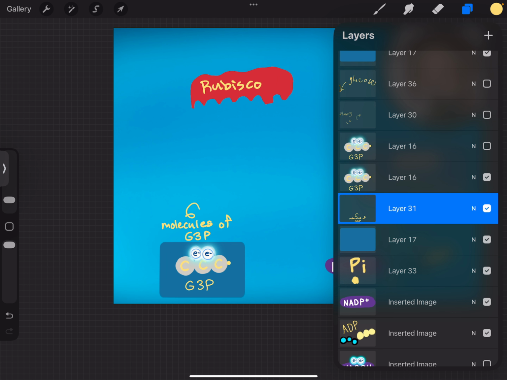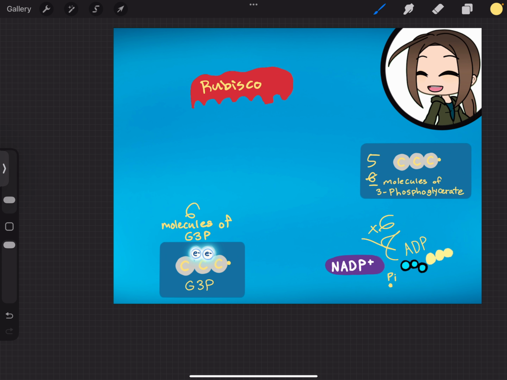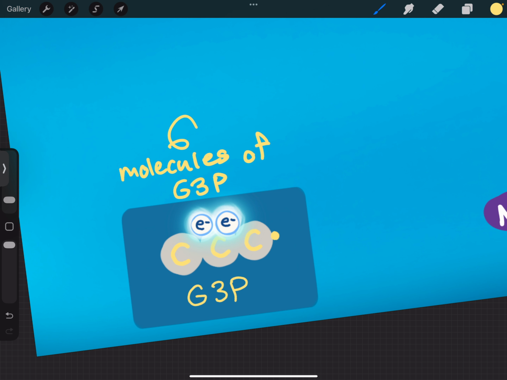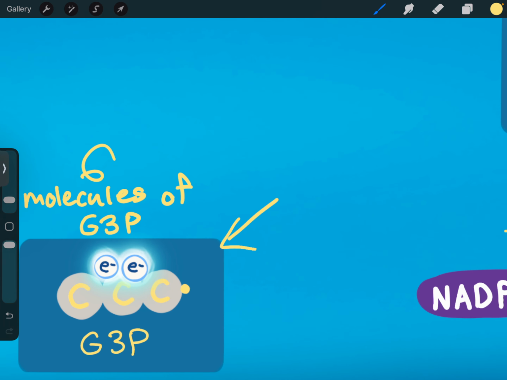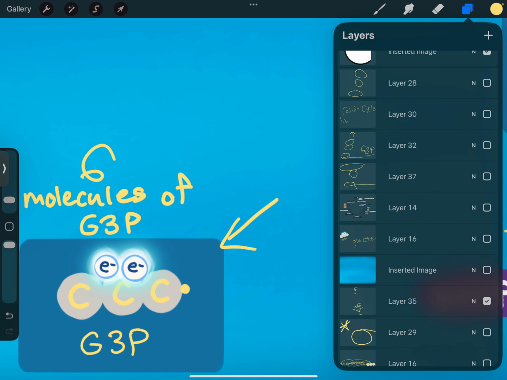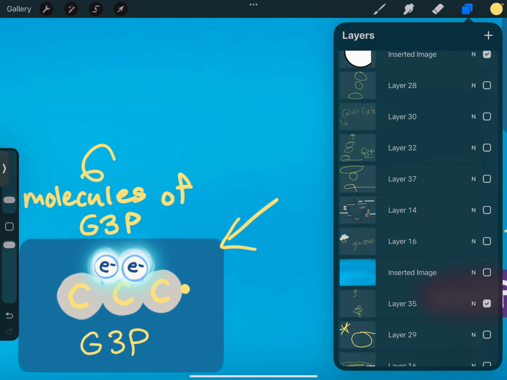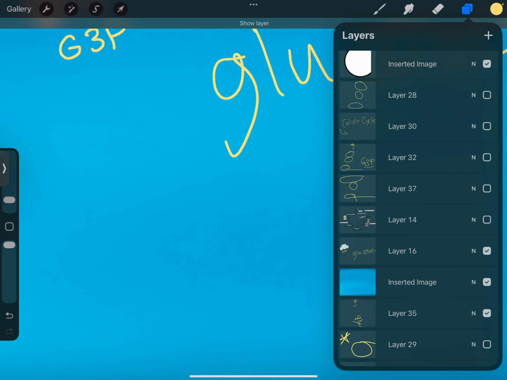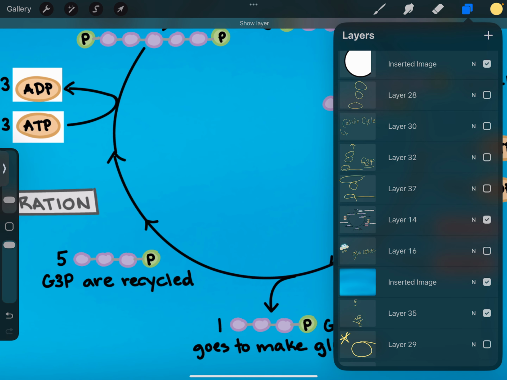Okay, and then one of these molecules of G3P will be used to create glucose. Okay, glucose. Here it is.